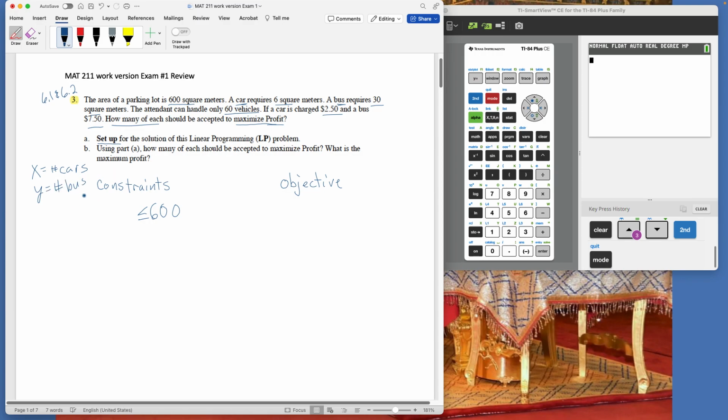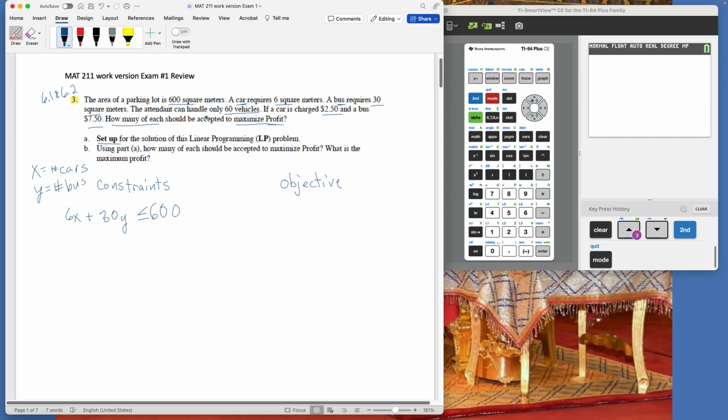So we've defined our variables. 6 square meters for each car. So 2 cars would be 12, 3, and so forth. So I'm multiplying 6 times x. And then for buses, a bus will require 30 square meters. So that's going to be 30 times y, however many buses. That will give us the amount of space used.